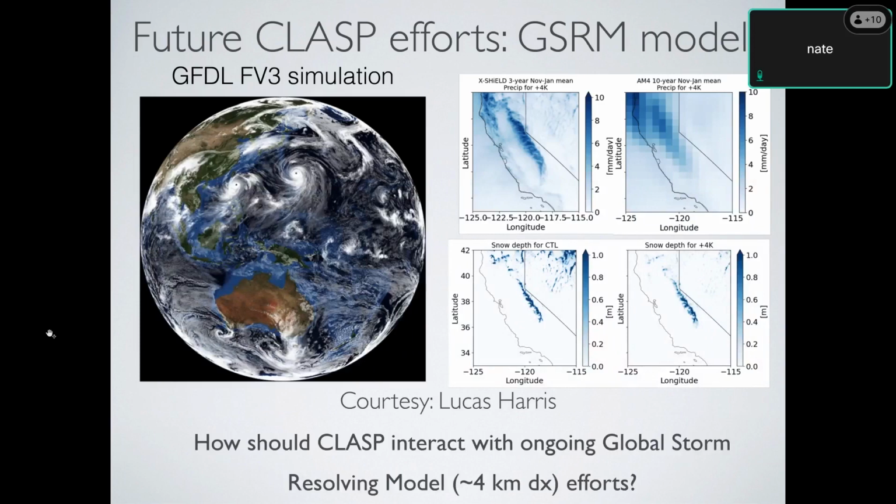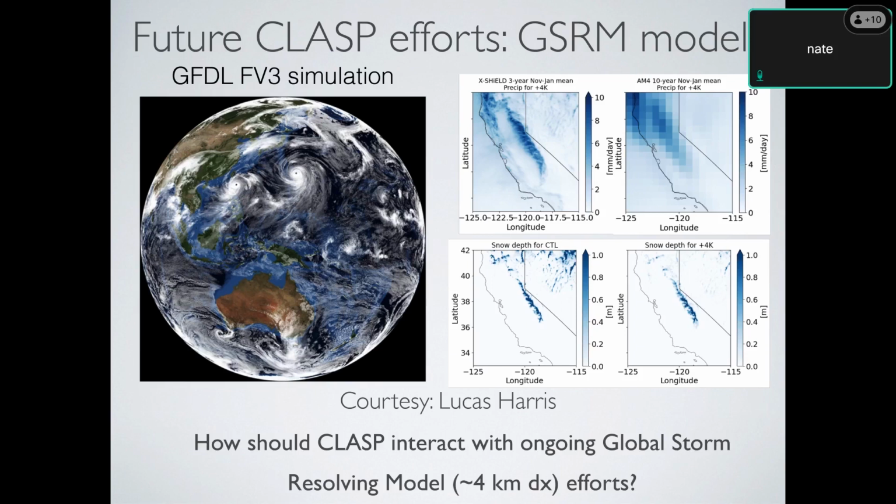The other one is, how should CLASP interact with global storm resolving models? We've got the 4 kilometer, 3 kilometer globally, and how can we learn from this? Obviously, moving completely away from 100-kilometer grid cells and 25-kilometer grid cells, there still is a large need for those types of models. But at the same time, there's a lot of knowledge that we can gain from these GSRM models.